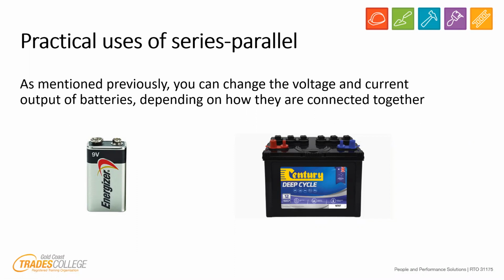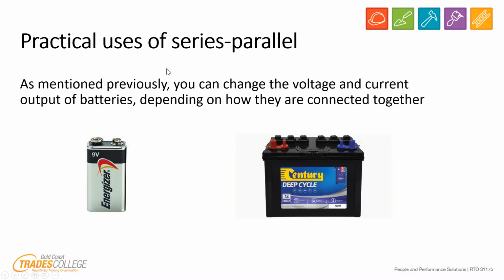If I was to connect 2 9-volt batteries in series, if they're 1 amp hour each, then it would be 18 volts with 1 amp hour. If I was to connect them in parallel, remember that the voltage then stays the same, but the length of time doubles. So 2 of these in parallel would be 9 volts, but with 2 amp hours, so it can last twice as long.